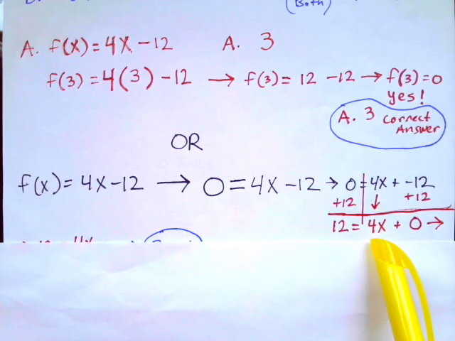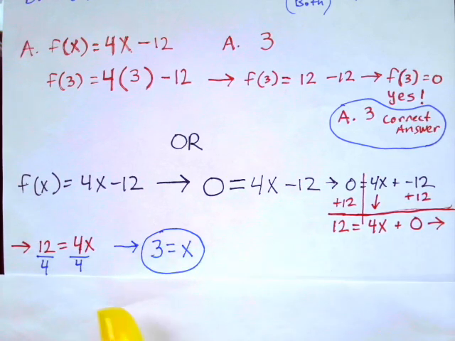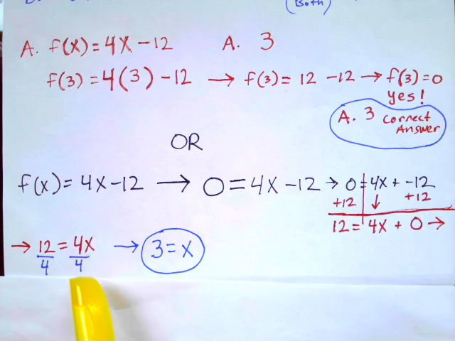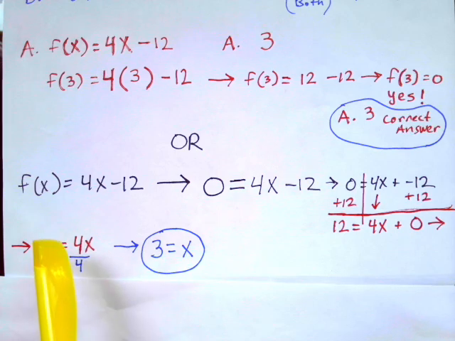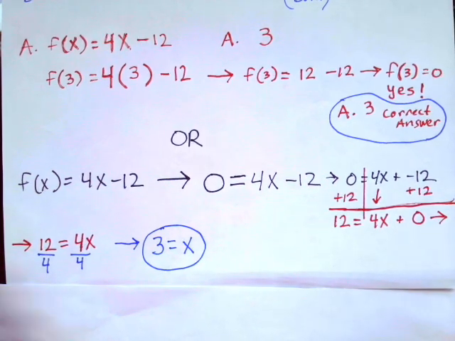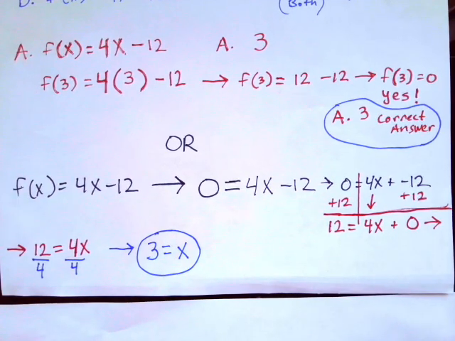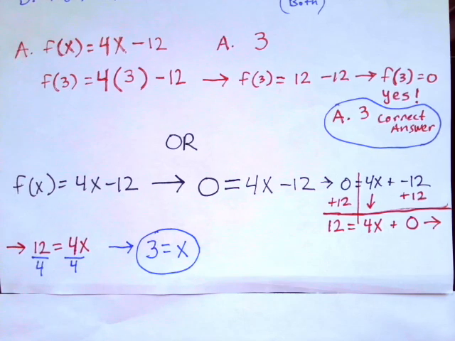Divide both sides by 4. 4 over 4 is 1x, that invisible 1x, equals 12 divided by 4, which is 3. So yes, option A, using both methods, would have shown me that 3 is a zero of the linear function.